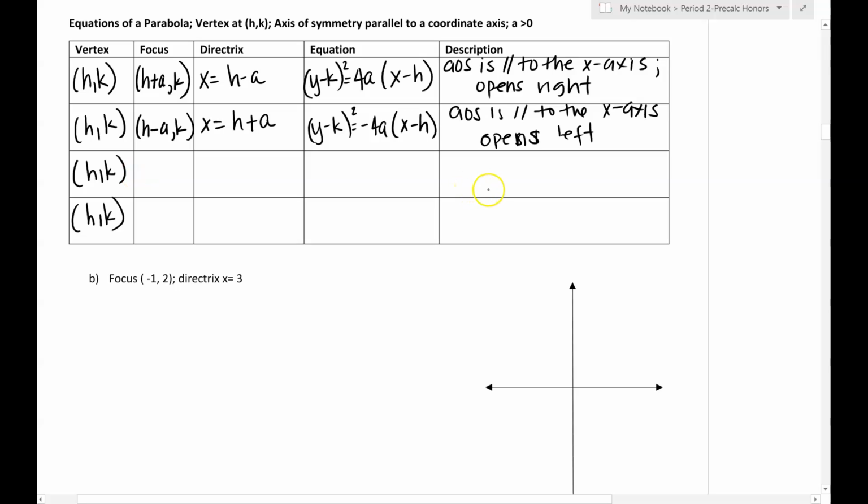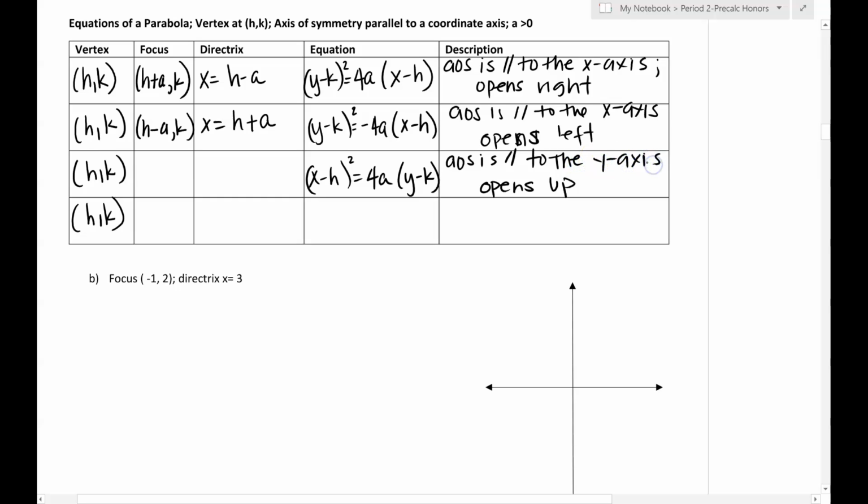Next one, we will have something that opens up, which you guys already know how to graph. Opens up, meaning that the x will be square. So x minus h quantity square equals 4 times a, so that's positive. That's why it opens up, times the quantity of y minus k. Now the axis of symmetry, it's parallel to the y-axis.